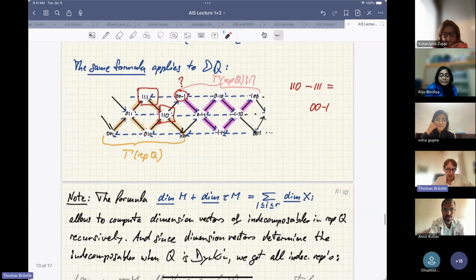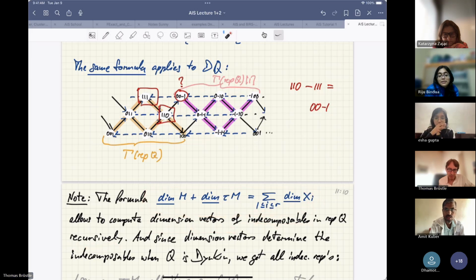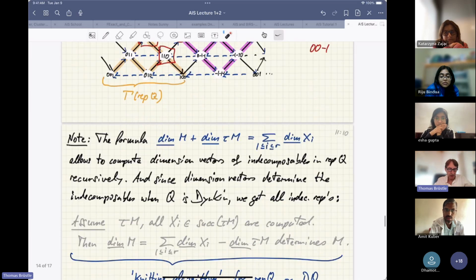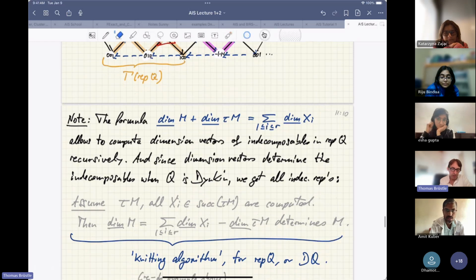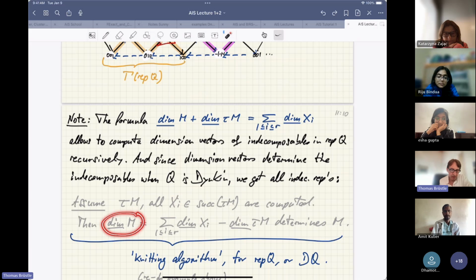So this is what we said, that this formula allows us to compute dimension vectors of the indecomposables recursively. And since the dimension vector determines the indecomposable for a Dynkin quiver, we really do get all indecomposable representations. This is what you did last week. If you assume that you already know tau M and you know all the direct successors of tau M, then you can compute the dimension vector of M as the difference of these two.